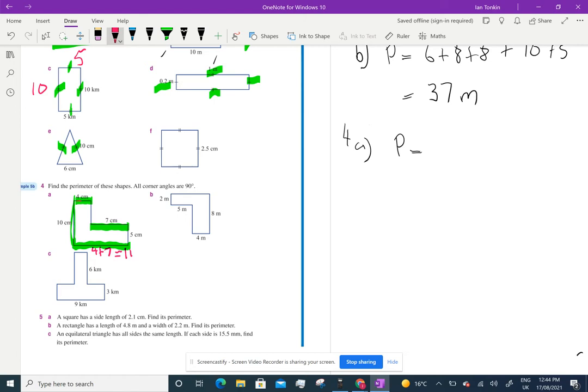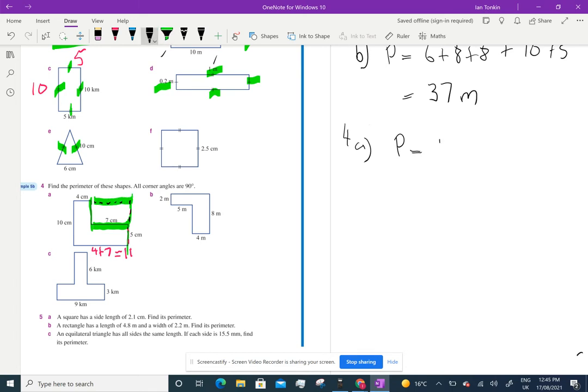You need this line and this line, which is the same as that line. Imagine if it was all the way up here. We pushed it up there. Well, that's another 11. And you need this line and this line, which is the same as 10. Imagine if you'd pushed it along there. So you can move this line over to here, and you can move this line over to here, and then it's just a rectangle.